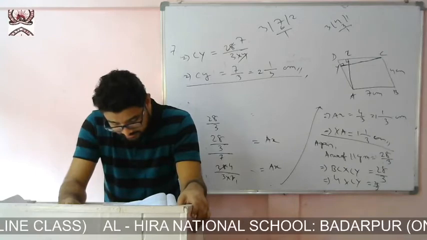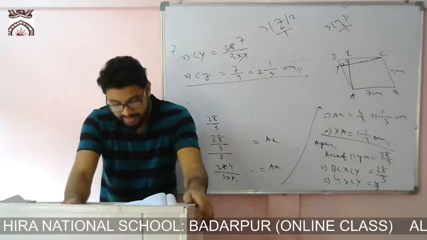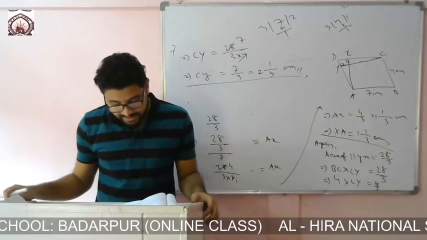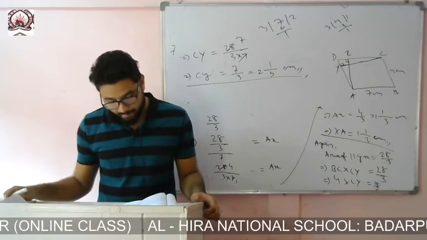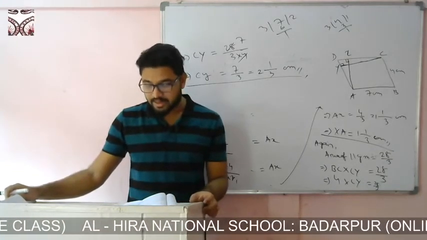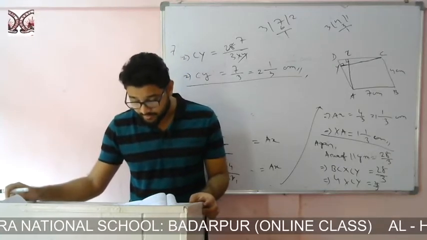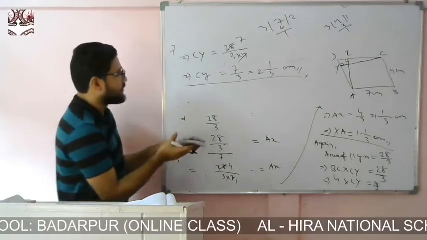BG, this height is also given, 12 centimeter. We have to find AB. First with the help of AD and BG we will find the area of the parallelogram, and with the help of this area we can find AB.